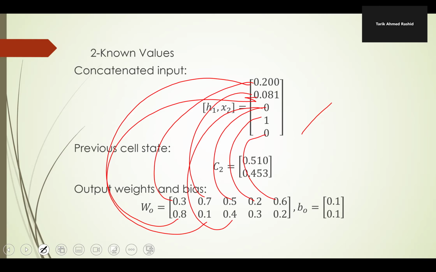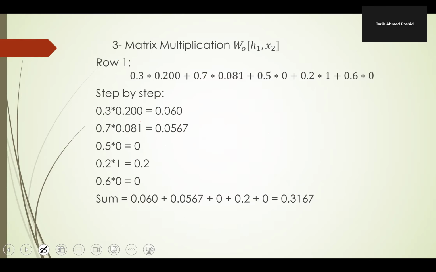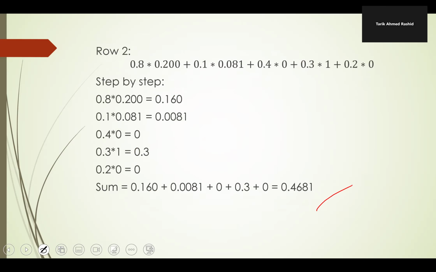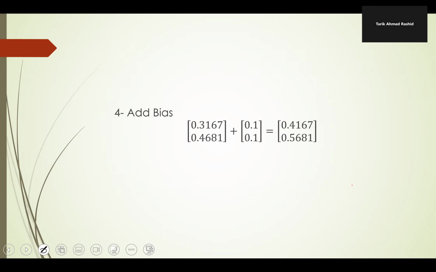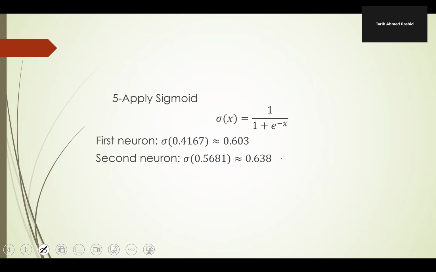0.4 multiplied by 0, 0.3 multiplied by 1, 0.2 multiplied by 0. So here 0.2 multiplied by 0, just to check, and that is done for row 1 and row 2, plus the bias, and subject them to the sigmoid function.